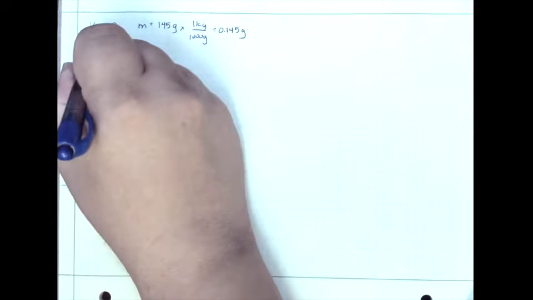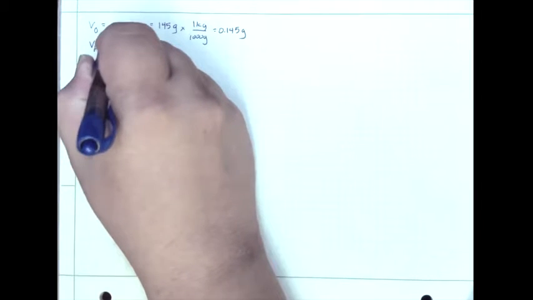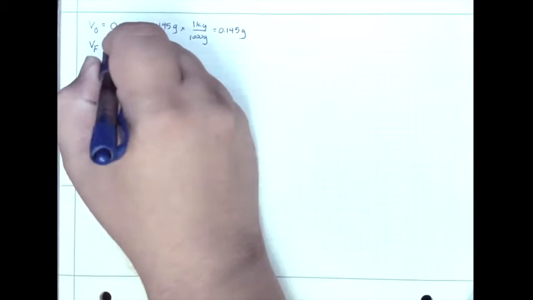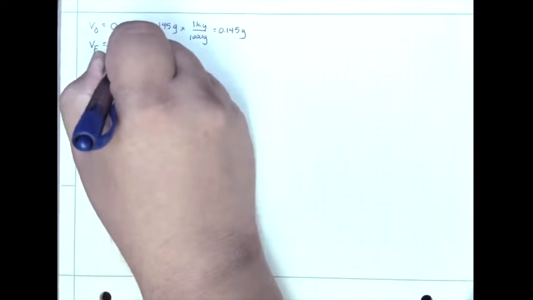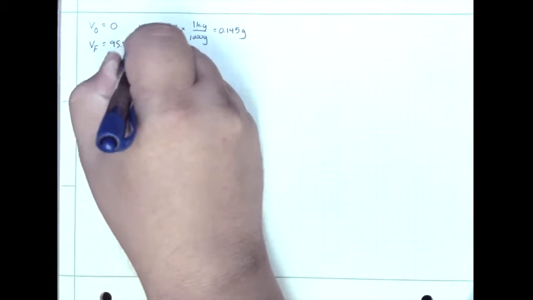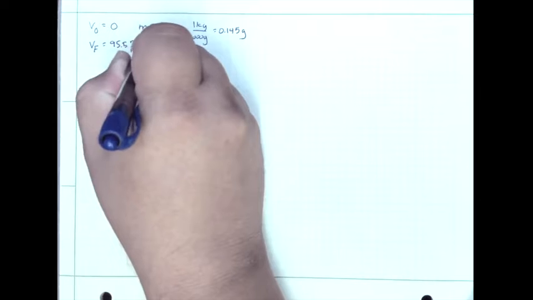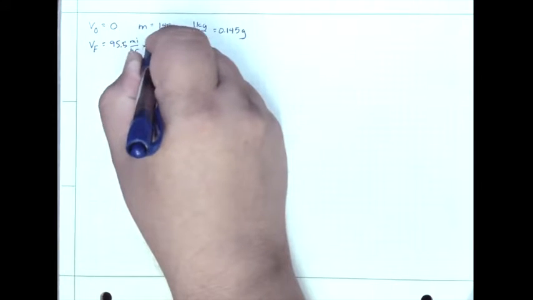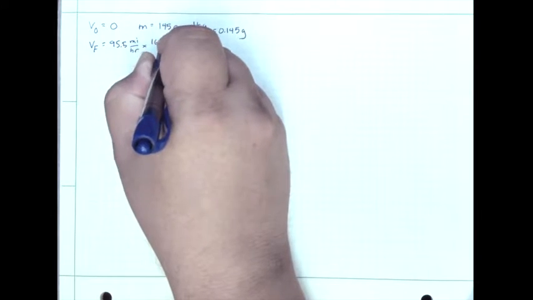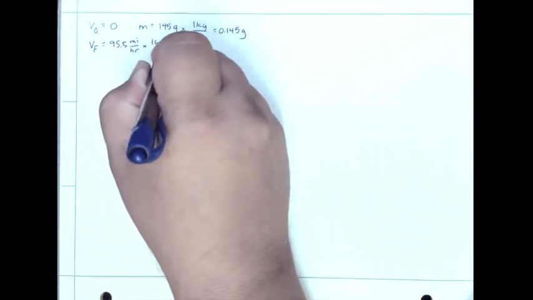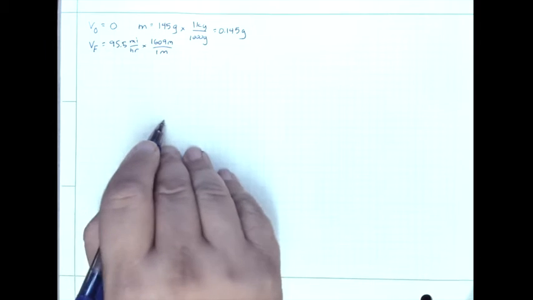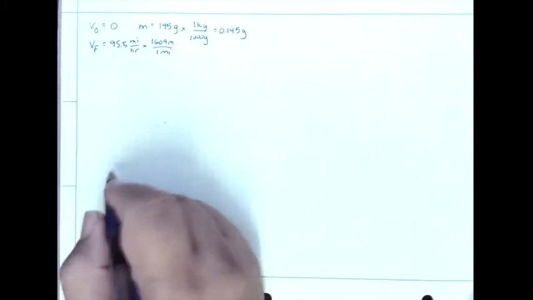We also must do a unit conversion on the final velocity, which is given to us as 95.5 miles per hour. So we must make the conversion, first turning the miles into meters. There are 1,609 meters in a mile.